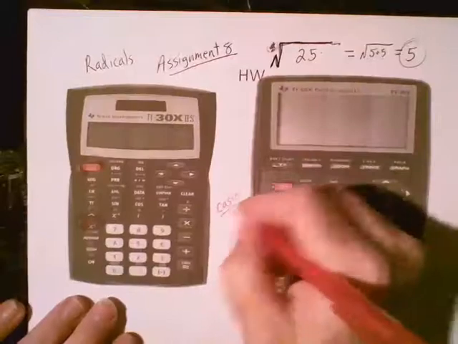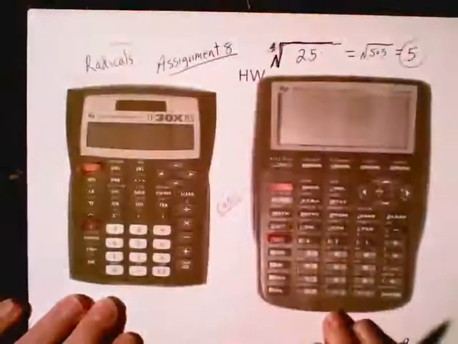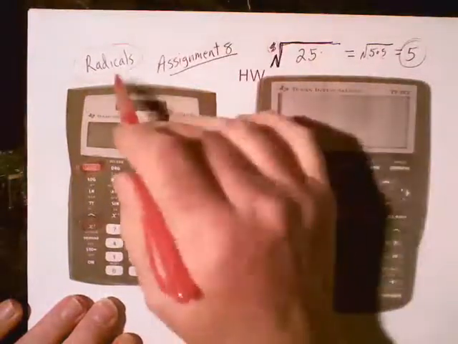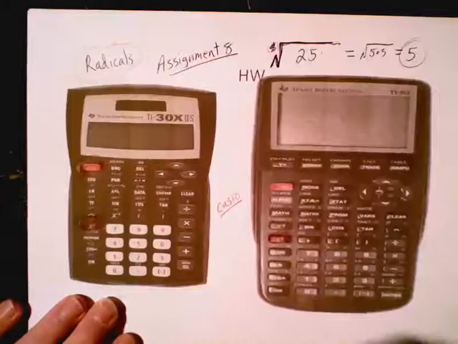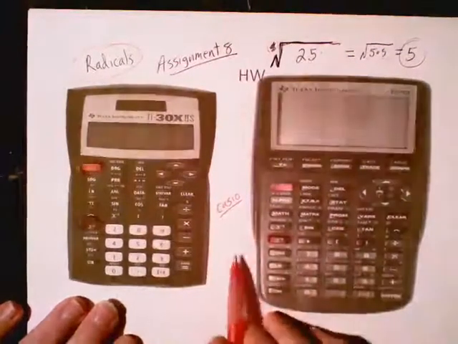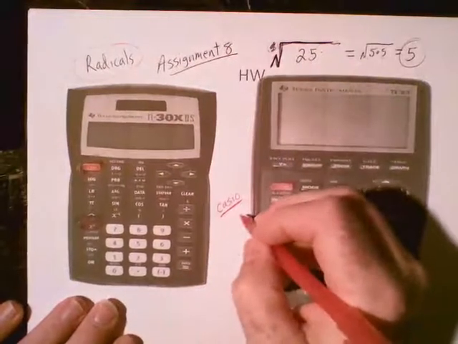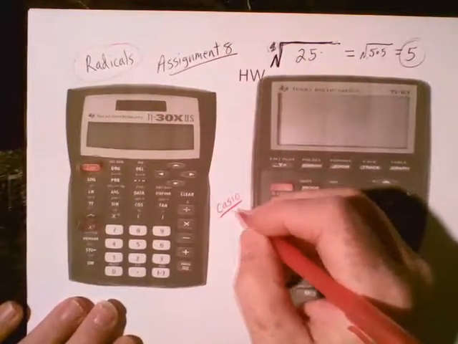it might be a good thing now, because what we're going to do first is we're going to learn to simplify these radicals. And when you simplify the radicals, that means you leave it in radical form. You don't just get rid of the radical like most of these calculators do. So the Casios have it in radical form, or will give it to you in radical form.